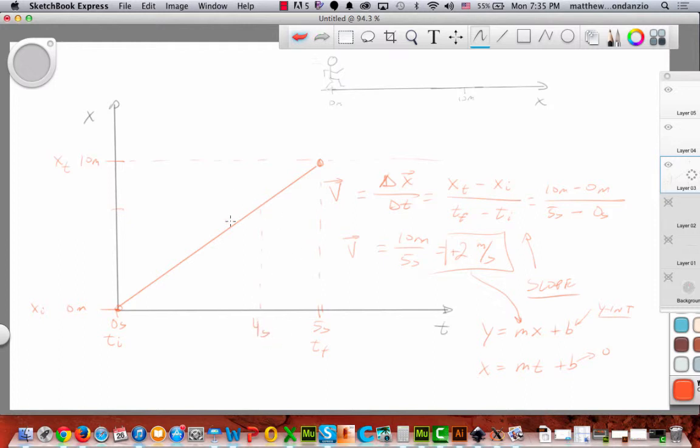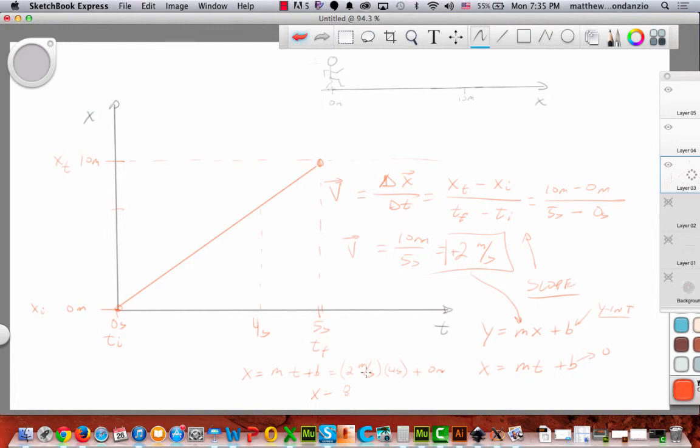How do I figure that out? Well, x equals our slope m times time plus b, which is equal to our slope, 2 meters a second, times our time, 4 seconds, plus our initial position. Because our initial position was 0, and that's what the y-intercept really means, our initial position, 0 meters. And so x equals 2 times 4, which is 8.